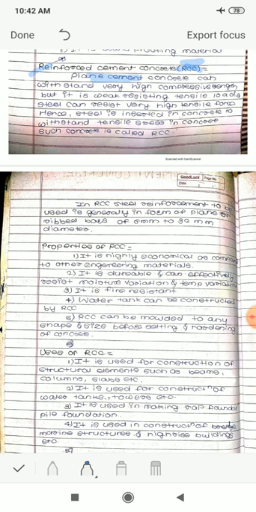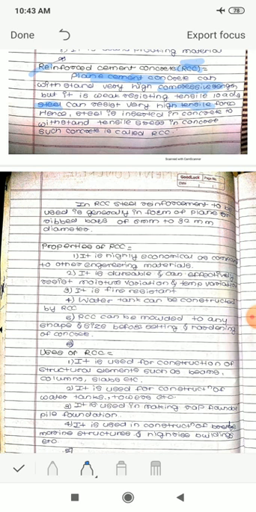Plain cement concrete is weak in tension and strong in compression. Therefore, we need to insert the steel into the concrete to resist the tensile stress, because steel is strong in tension.